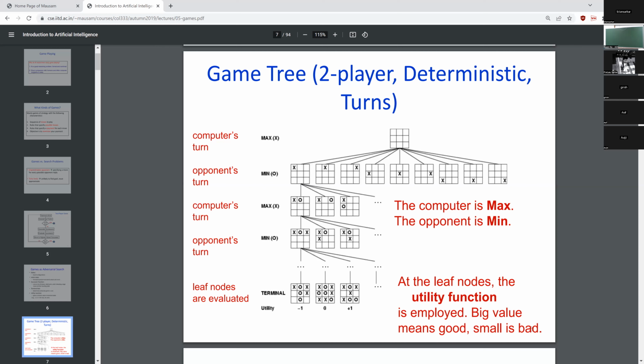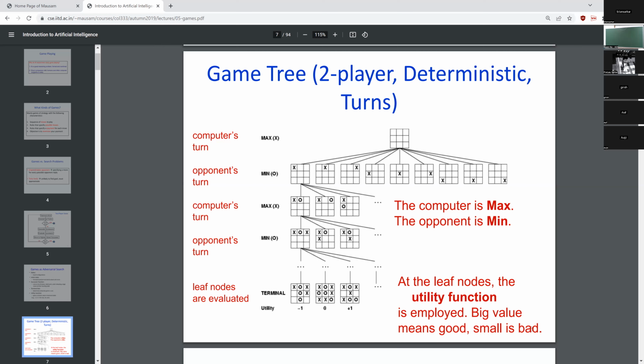So the levels have alternation of max and min players. Max player is the AI agent, min player is the opponent, and the terminal states, the leaf nodes of the game tree, are the states of the game where the game has terminated. In the tic-tac-toe example, you can see that the leaf nodes are those nodes where the game is over. Like the leftmost leaf, the game is over because the opponent has won by putting 3 knots together.